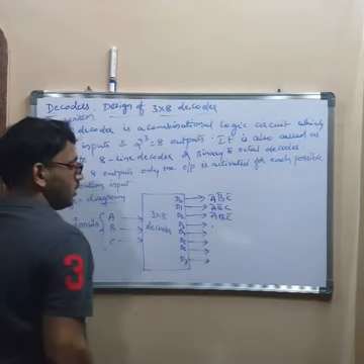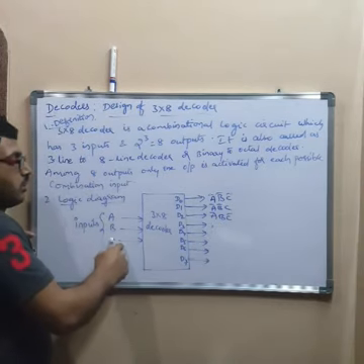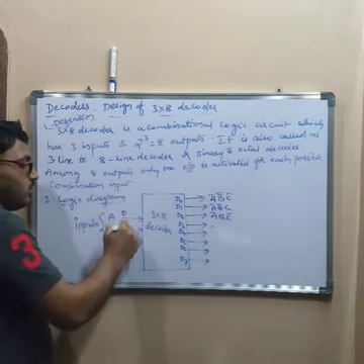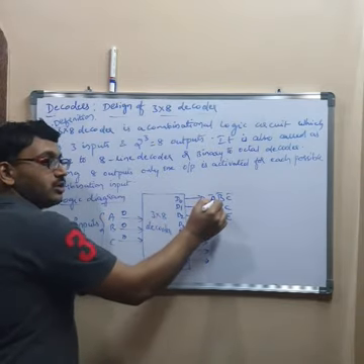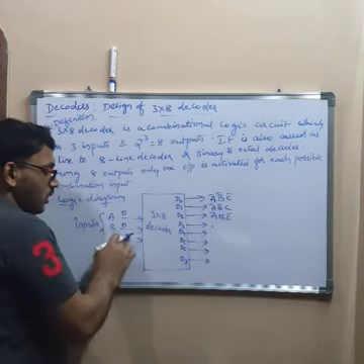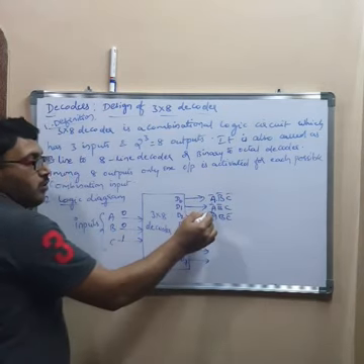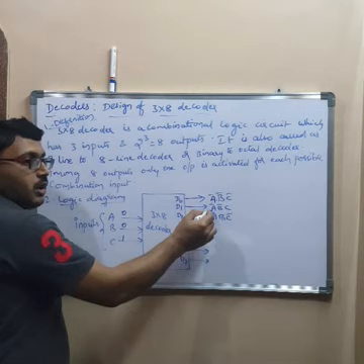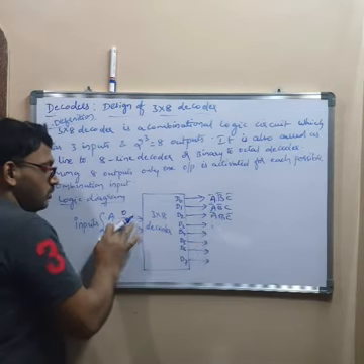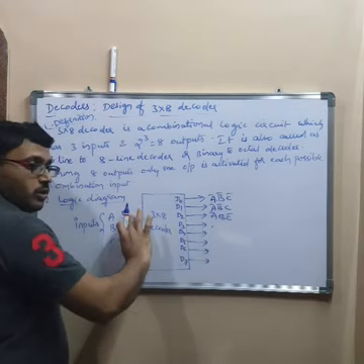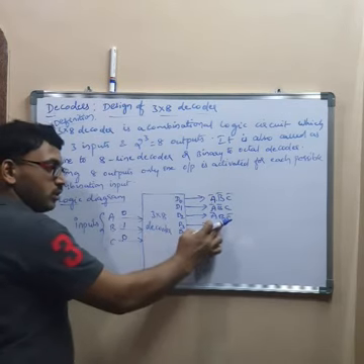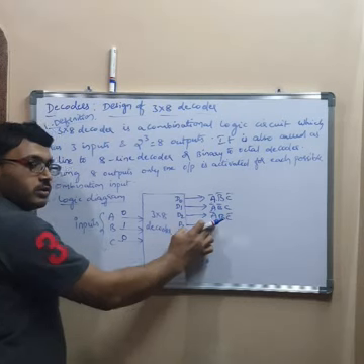3 is nothing but... So if you apply these inputs, suppose if you are applying 0, 0, 0, D0 is activated at the output. If you are applying 0, 0, 1, D1 is activated at the output. If you are applying 0, 1, 0, it decodes 0, 1, 0 to this output.